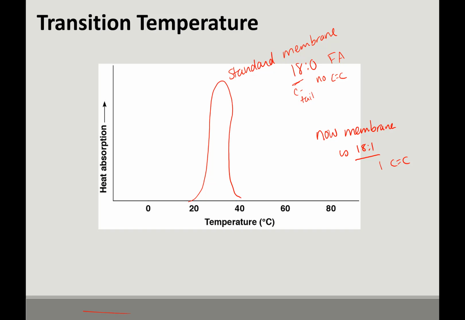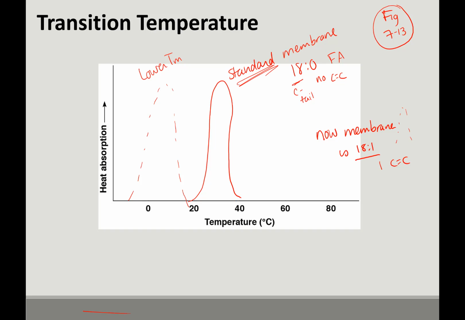If you look back at figure 7.13 in your textbook, you will see that adding a double bond drastically reduces the transition temperature. So now my membrane has a much lower TM compared to the standard that I started with.